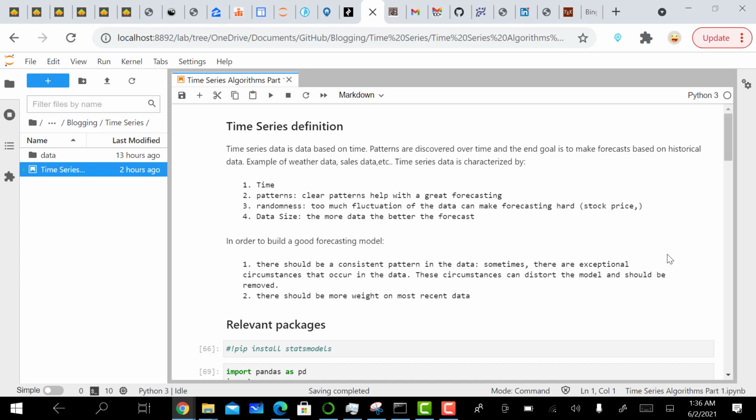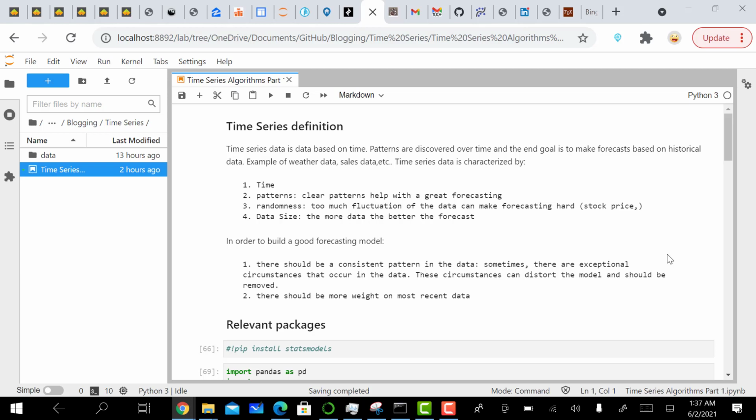It's very important, because when you take the example of stock prices, these are hard forecasts to make, and randomness has to come into play. It can determine whether your forecast is good or not, and this needs to be addressed when you build your model.